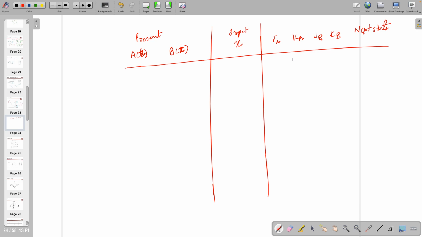You feed it over here. Then on the basis of present state and J and K, can you write down the next state? If you remember, we did this exercise when we were doing the JK latch. Right? Is it okay? Vrushti, how to do it? Can you repeat that?